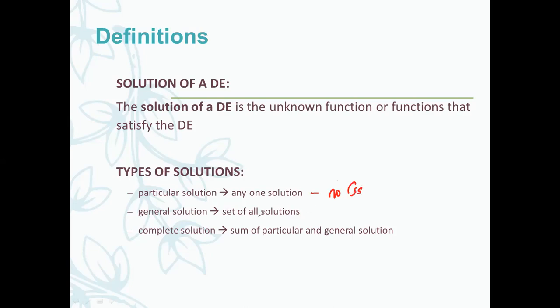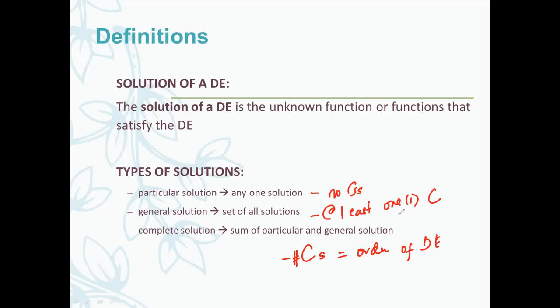The general solution has at least one C. The complete solution has a number of constants, or number of C's, equal to the order of the DE.